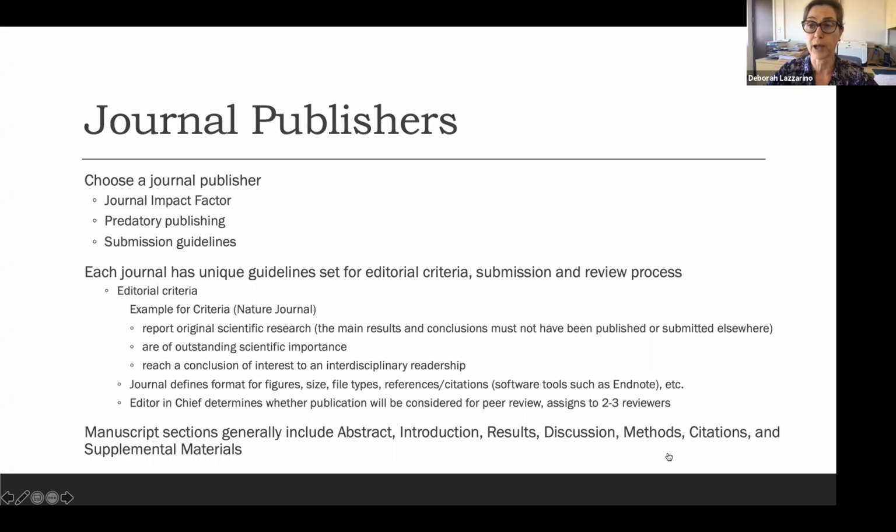Journals can be measured by what's called a journal impact factor, which is every 2 years, there's a calculation for how many times papers are cited in journals over all the citations that could be cited in all journals. And that journal impact factor can give you a sense of the scholarly excellence of a journal.